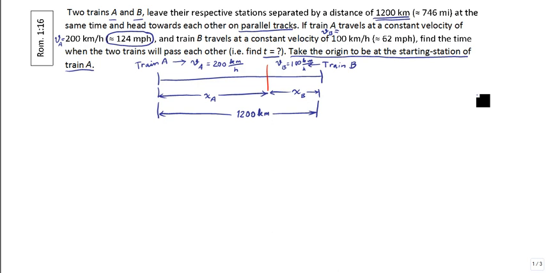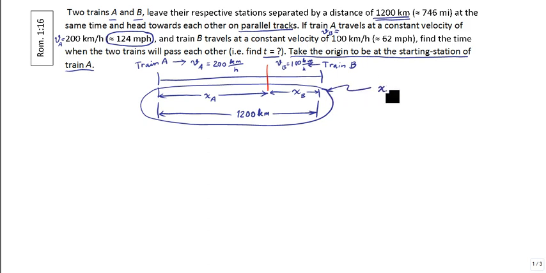So in an algebraic approach, the first thing we notice after drawing our little schematic is that the sum of x sub A, the position of train A, and the position of train B sums to the distance separating those two stations that they started off from. So this is an important equation for us as we go through the algebra here.